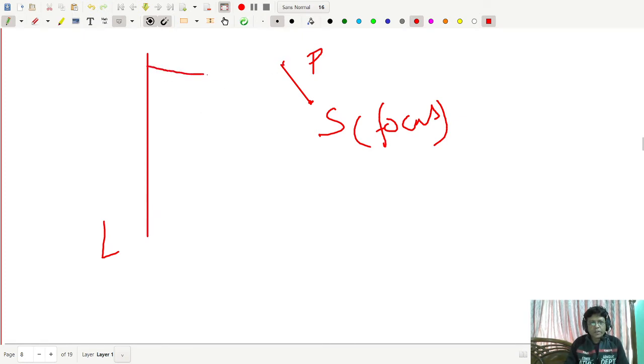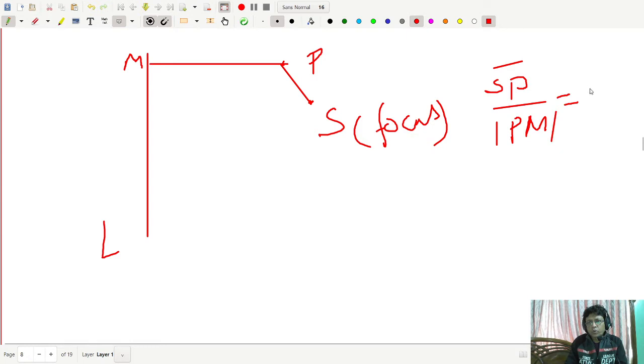From P you can draw the perpendicular. This is your PM, and you can take SP by PM, the length of the perpendicular. This ratio is a constant, equal to 1, E equal to 1 for parabola.